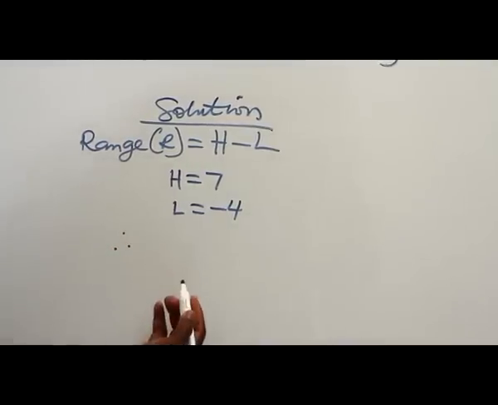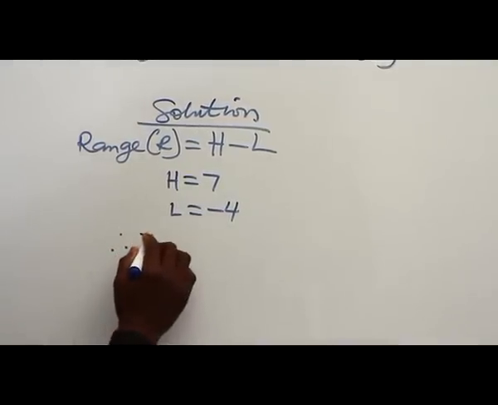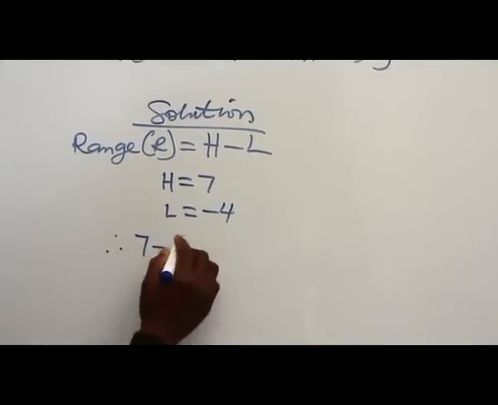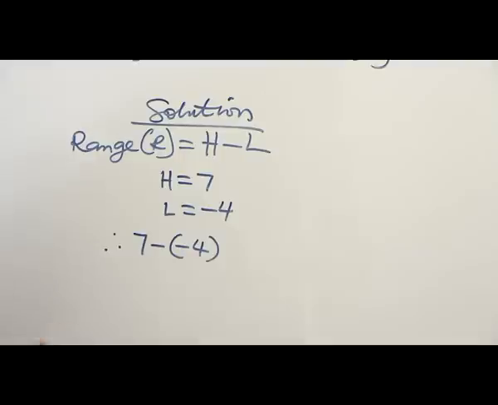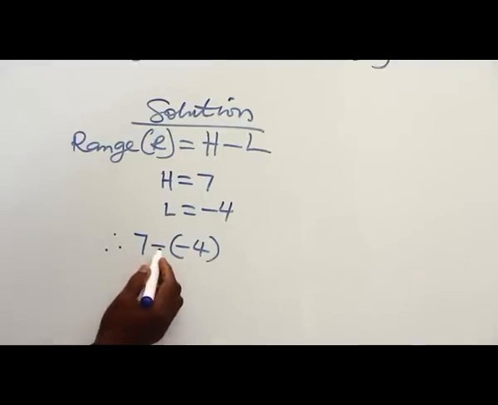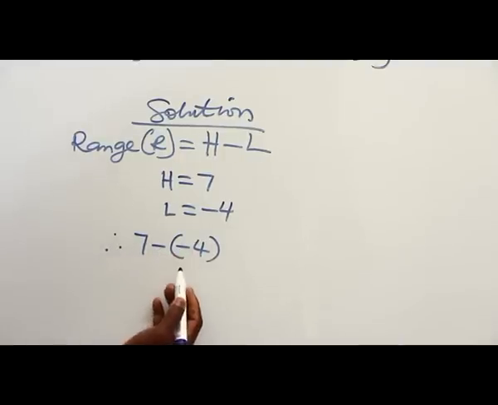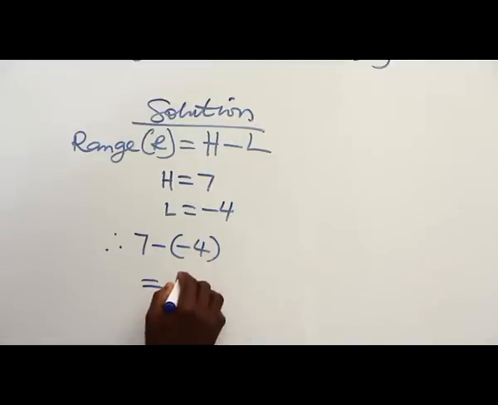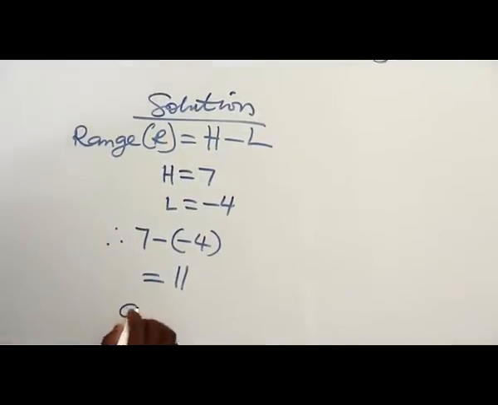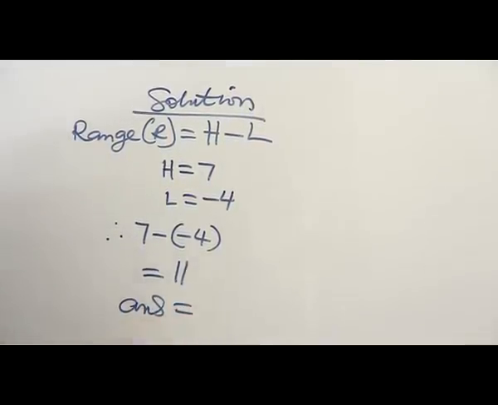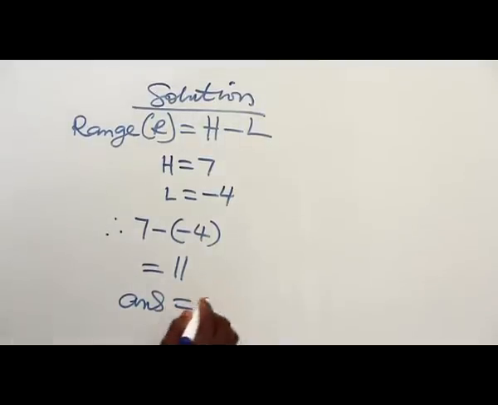Therefore, we have 7 minus minus 4. Of course, 7 minus minus we turn to positive. So it will now give you 11. Therefore, answer equal C.